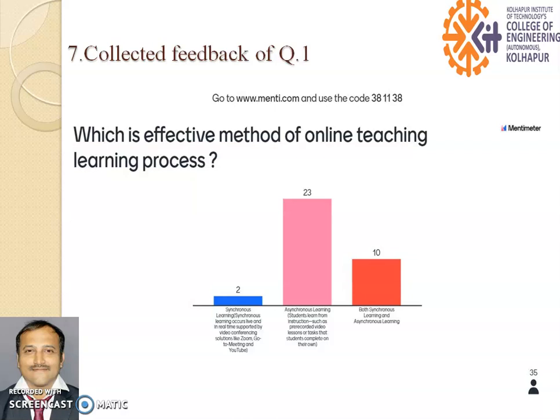As I told, students learn from instructions such as pre-recorded video, lesson, or task that students complete on their own. And 10 students responded for both types, synchronous as well as asynchronous learning. So this is all about feedback on question number 1.